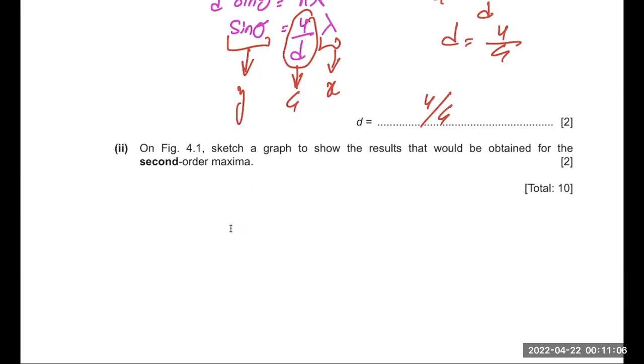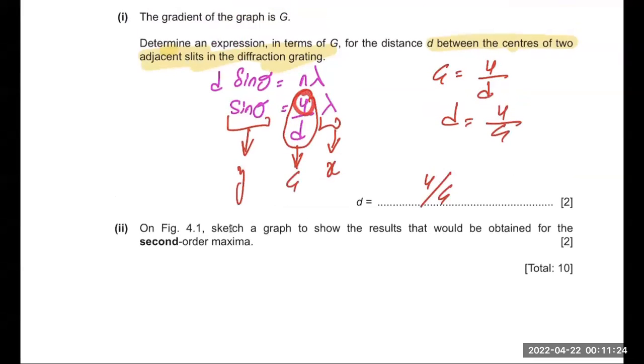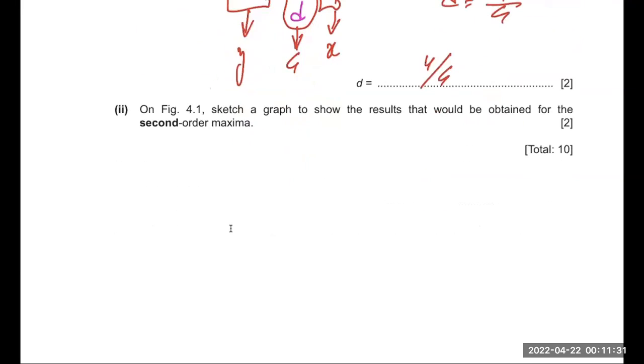On figure 4.1, sketch a graph to show the results that would be obtained for a second order maxima. When the value of n changes, which is 4 over here, we know that the gradient changes. The gradient, which was initially 4 by d, will now be 2 by d.